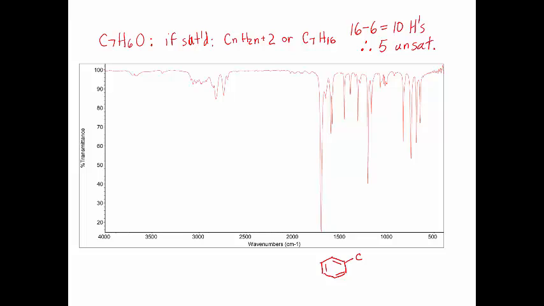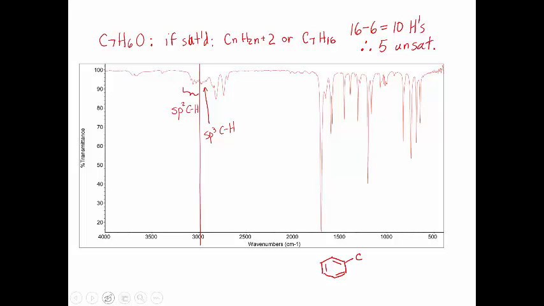I'm going to draw my line up from 3000 here. And it looks like I have peaks on either side. sp2 carbon hydrogen, and it's actually a little bit deceptive here. We definitely have sp2 carbon hydrogen, but it looks like we have sp3 carbon hydrogen, and we don't actually have that in our molecule, but it looks like we do.